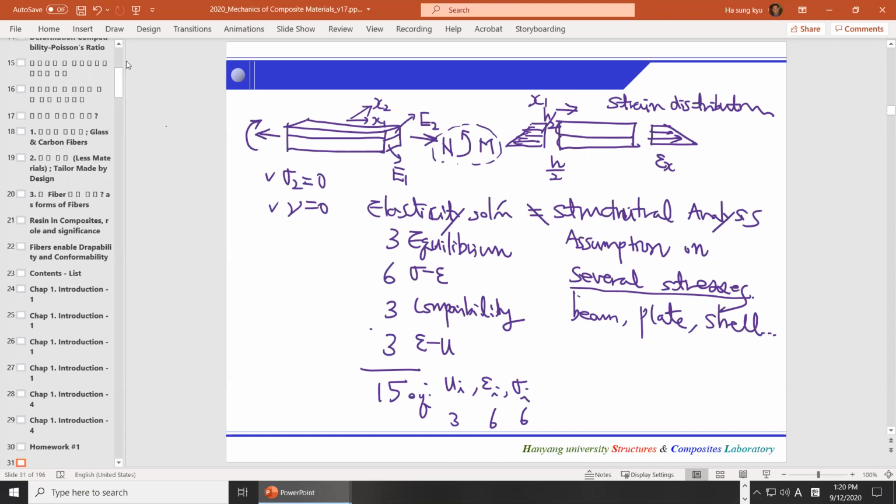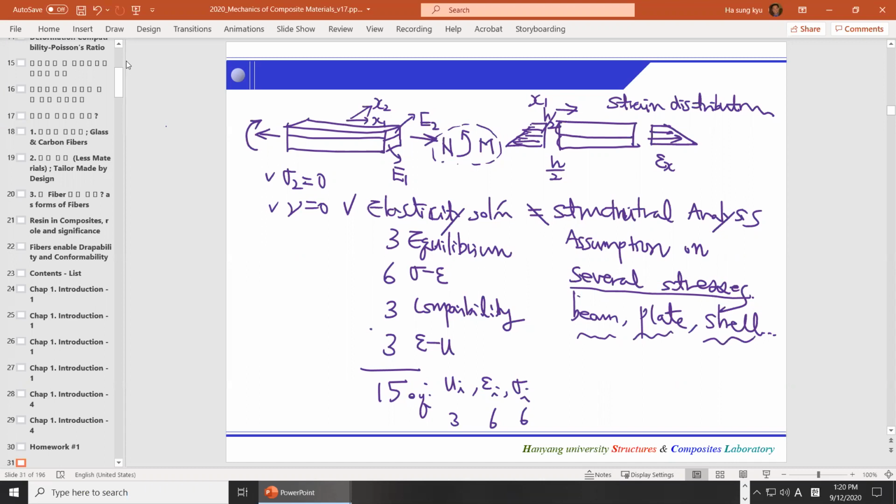So we need to clearly understand the fundamental difference between elasticity solutions and structural analysis. As designers of structures, we need to understand the structure. We need to study much about structural analysis, such as beam analysis, plate analysis, and shell analysis, and so on.